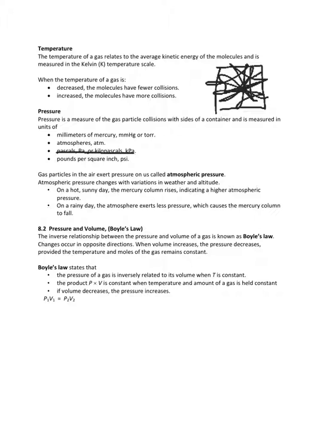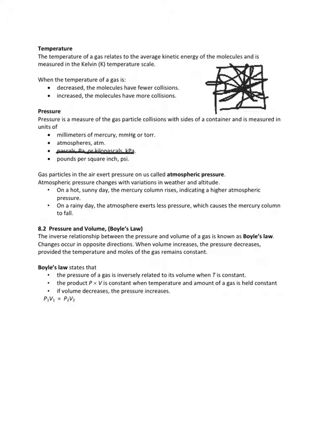There were several scientists who studied relationships between the various units in gases. The first scientist we're going to talk about is Boyle. Boyle studied the relationship between the pressure and the volume of a gas, and he discovered that it was an inverse relationship. Anybody know what an inverse relationship is?